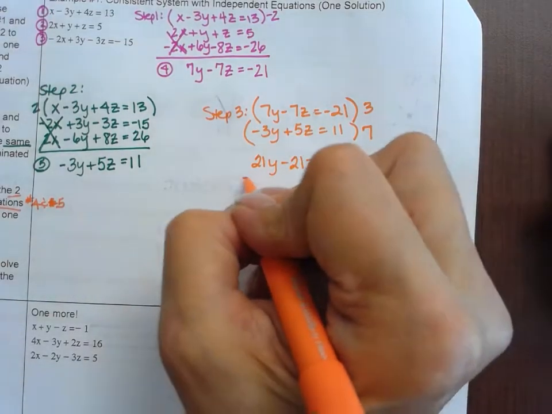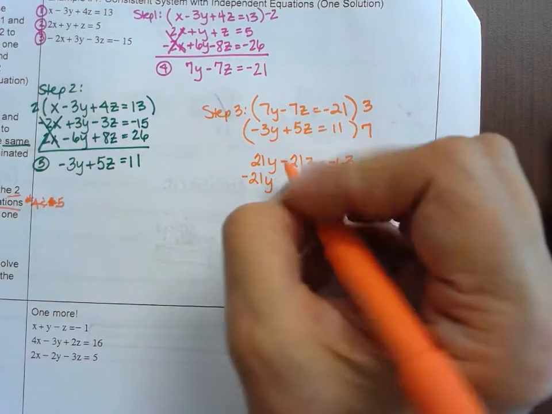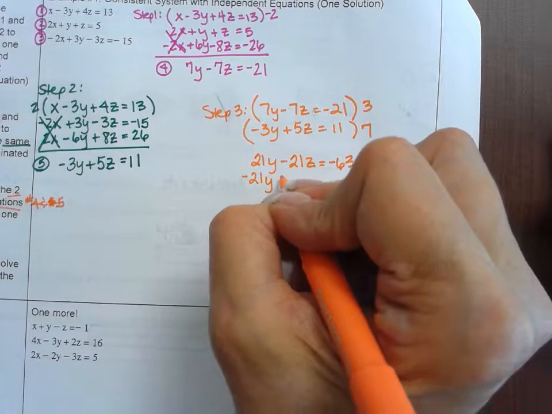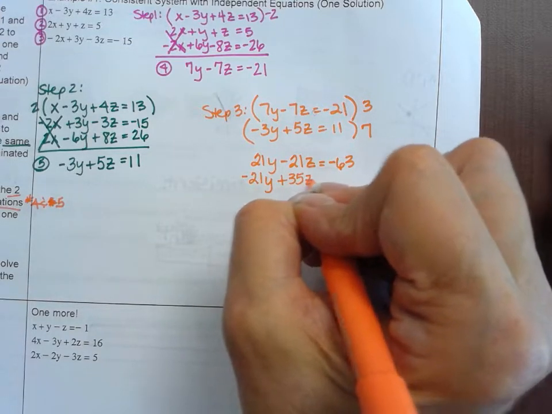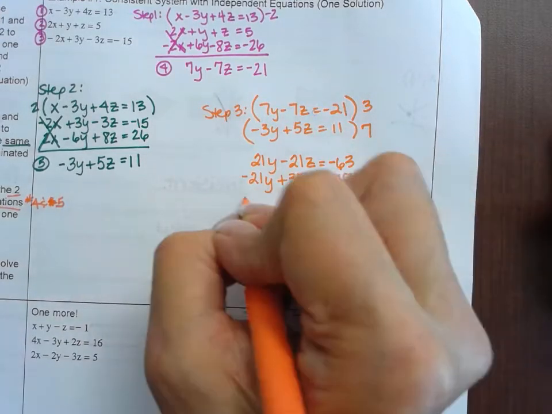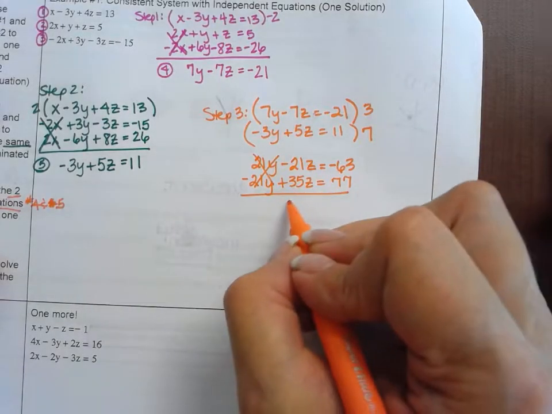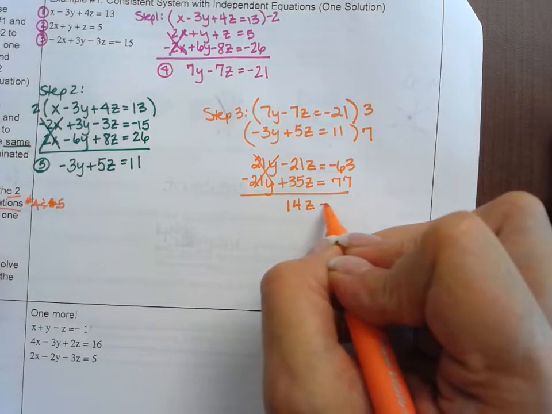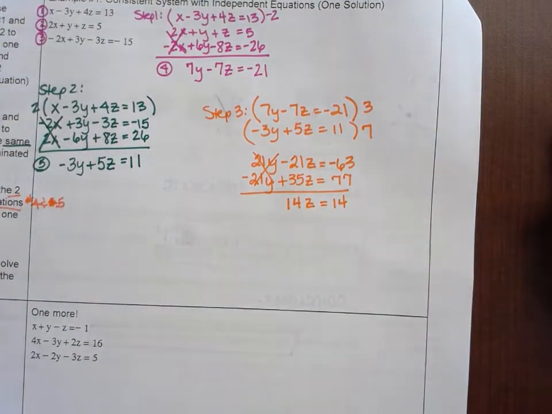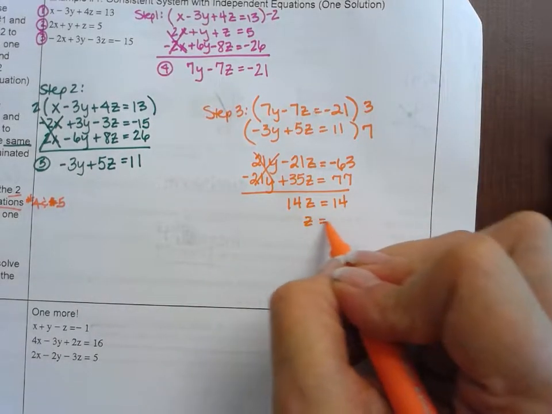And the bottom would be negative 21y plus 35z is equal to 77. Y's cancel, and I'm left with 14z is equal to 14. So z is equal to 1.